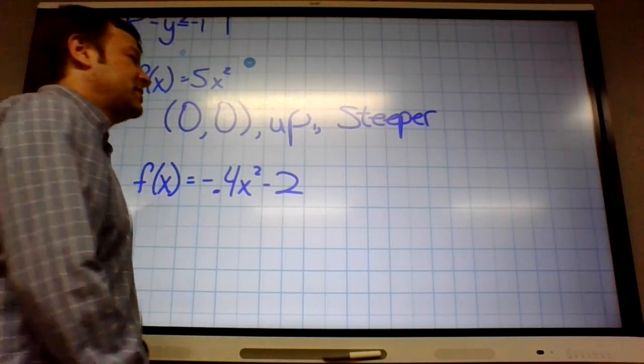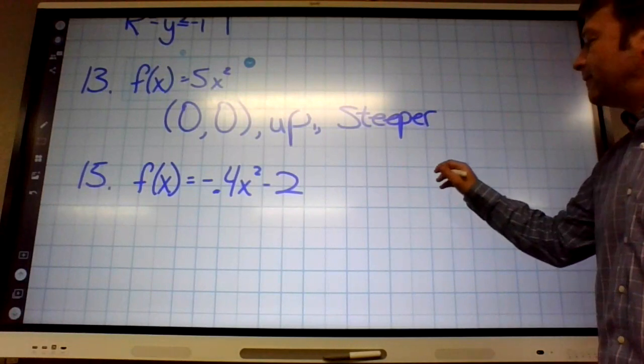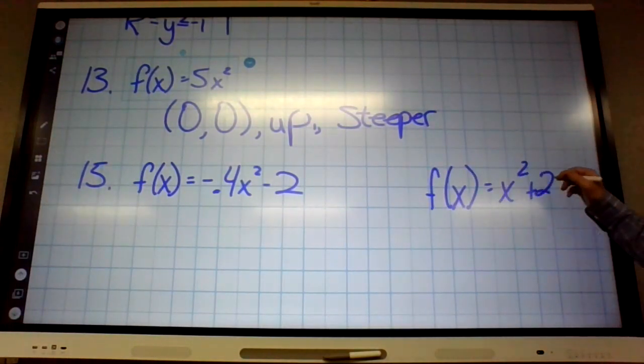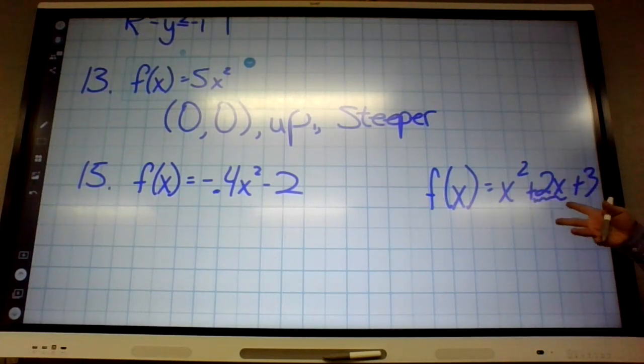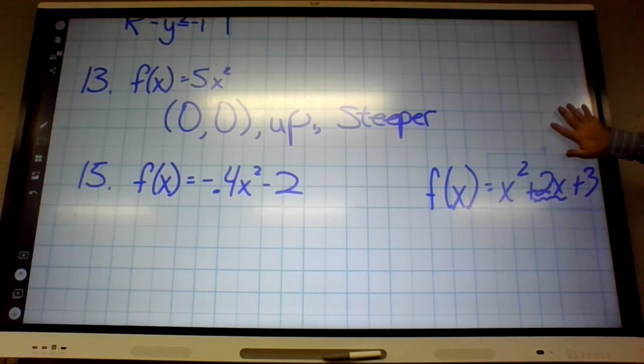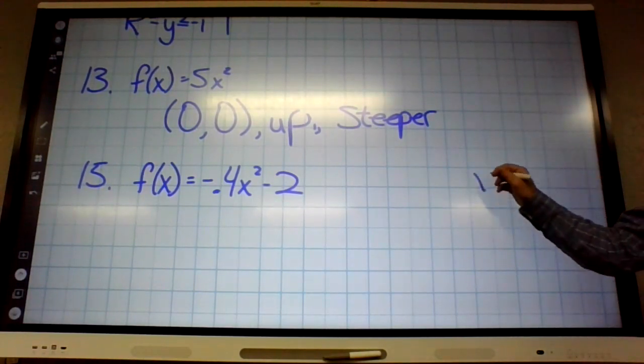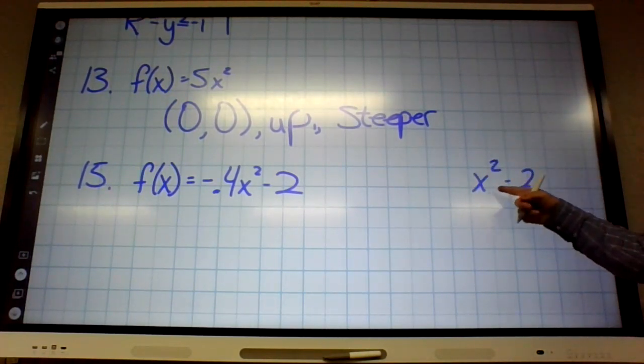By the way, these tricks don't work when you have a graph in standard form. If it was like this, with an x term, the graph isn't just going to be up 3. It's a little more complicated than that. But if it's simple like all these are, just an x squared, like -2 or whatever, it's just going to be down 2.